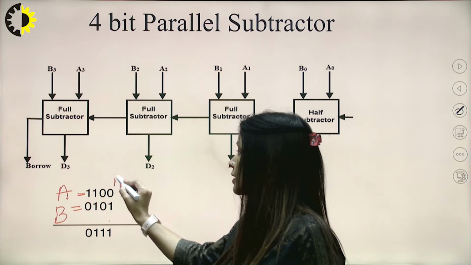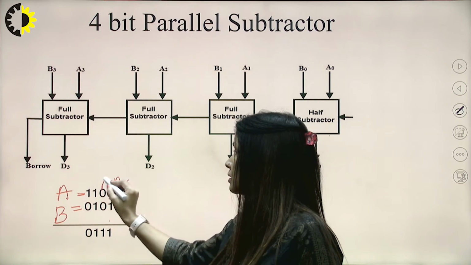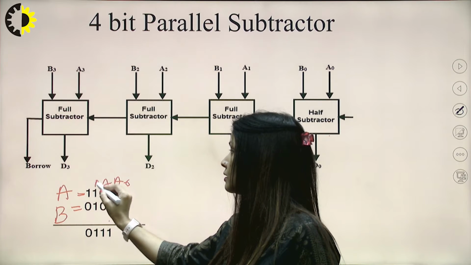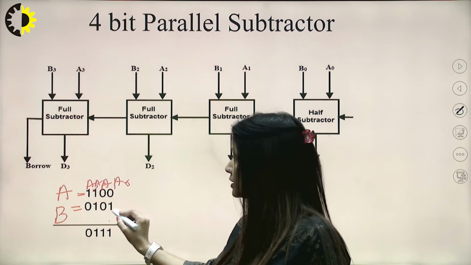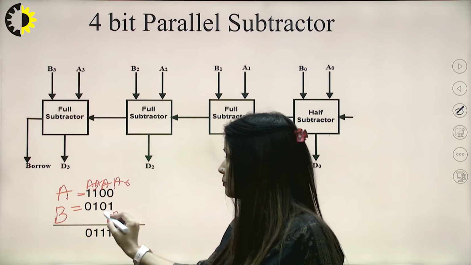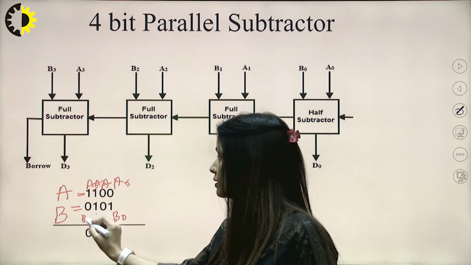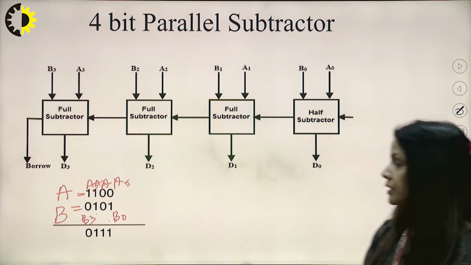So here this is my A0, A1, A2 and A3. Similarly here this is my B0, B1, B2 and the last one would be B3.